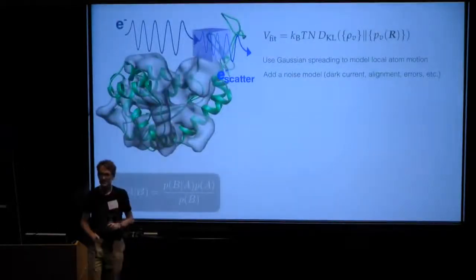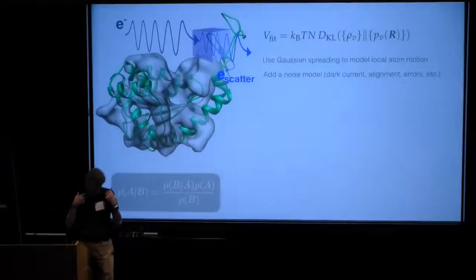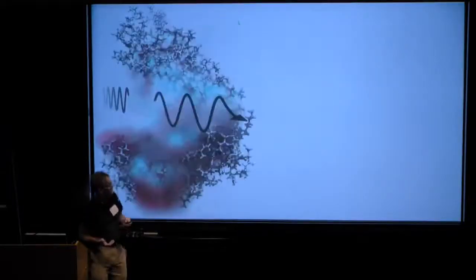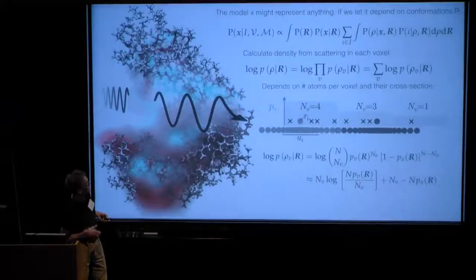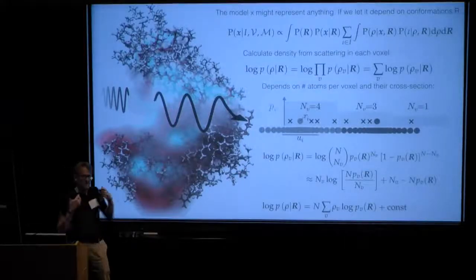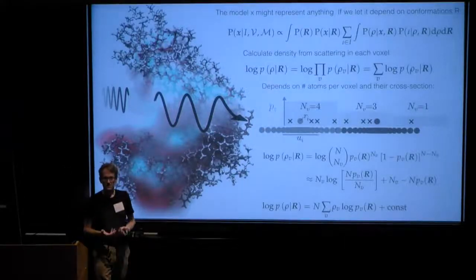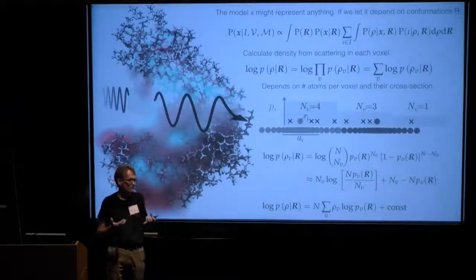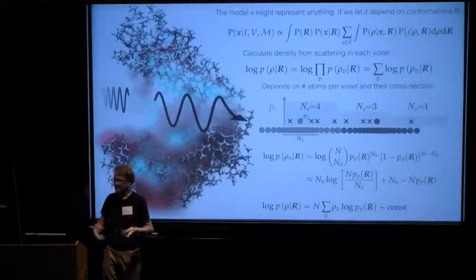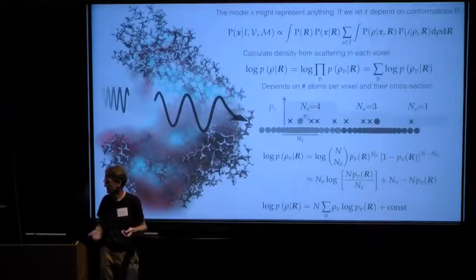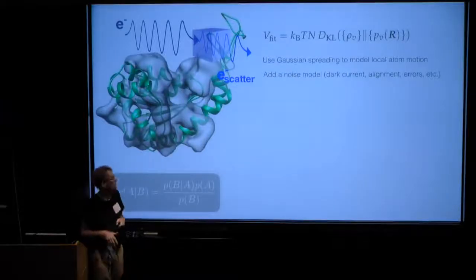So the point is that what I had on the previous slide, there was one thing, that we had these R's, right? On the top here, you had the probability of R. And that basically means that if I don't know anything about the experiments, I need some sort of way of describing the likelihood of having a molecule in different conformations. And we have tools that we can use for that, in particular a force field or a quantum mechanical force field.